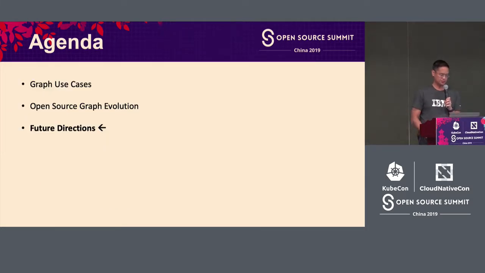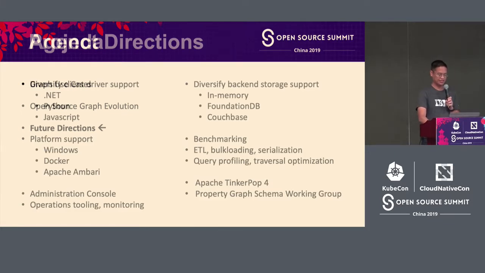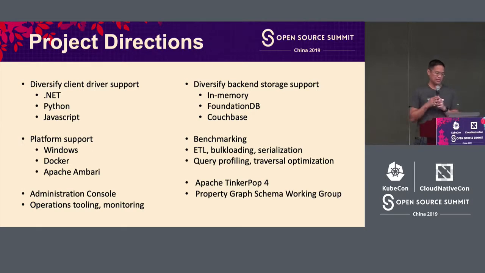So from a project perspective, like I said, we started in 2016. We're continuing to grow. We've added both committers and technical steering committee members since the onset. Many different companies have onboarded, but it really is just continuing on with the idea of diversity.